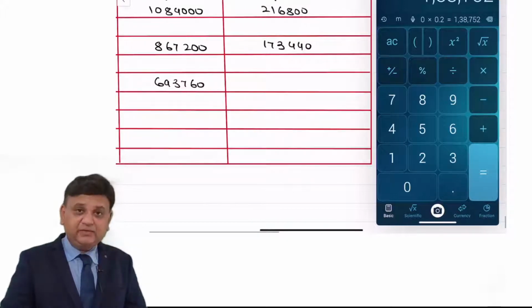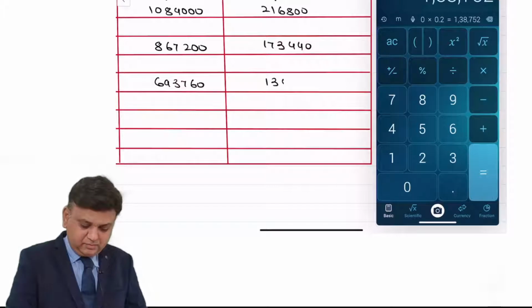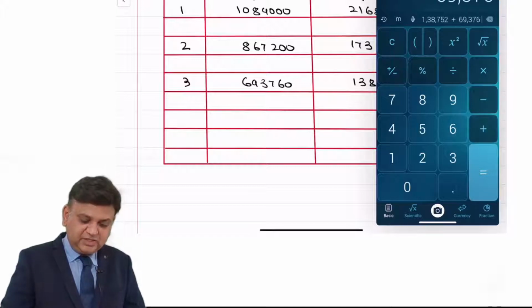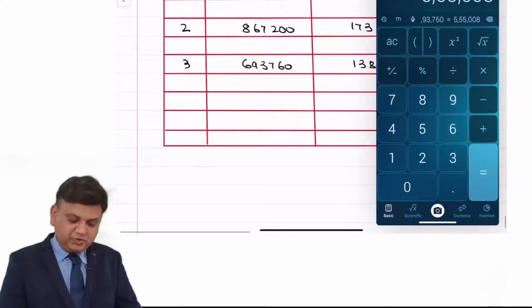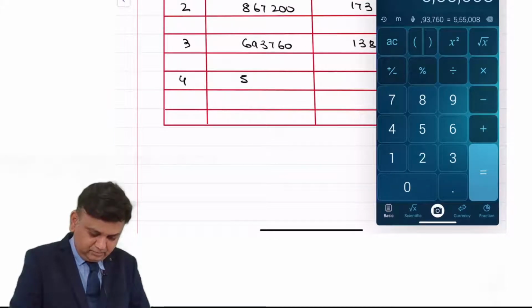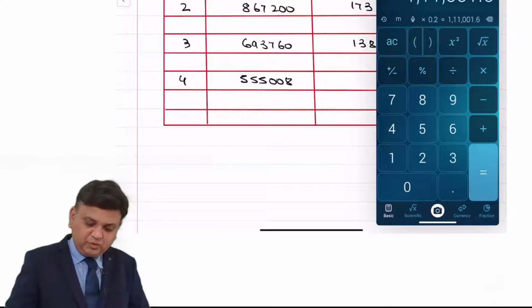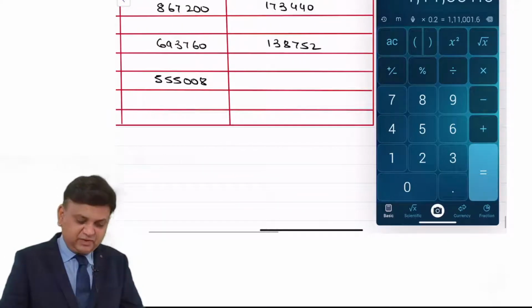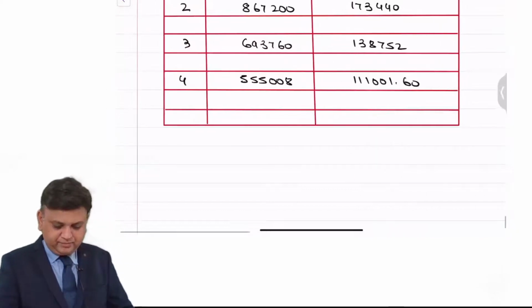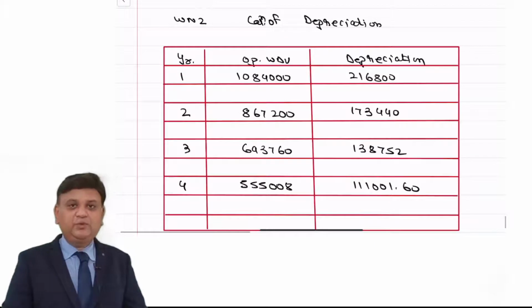So 5,55,008. Again into 20%, 1,11,001.60. This is the way we compute the depreciation.